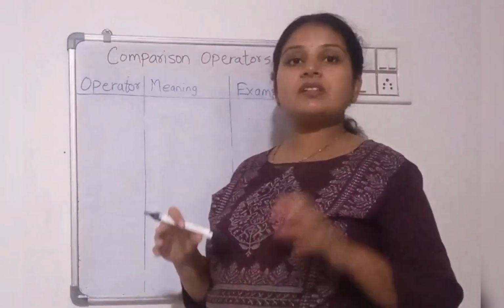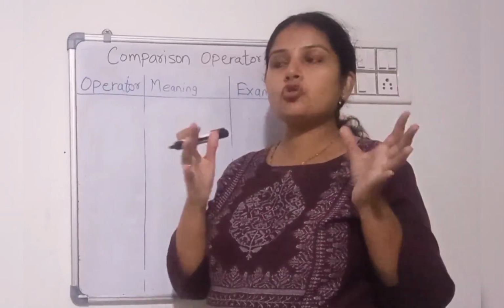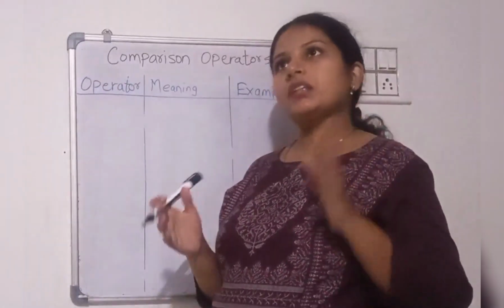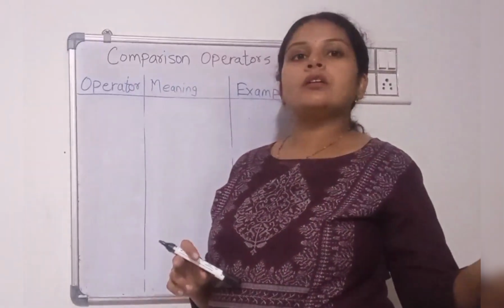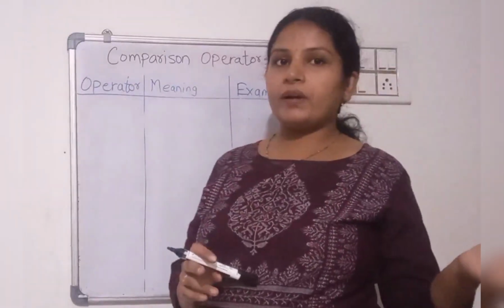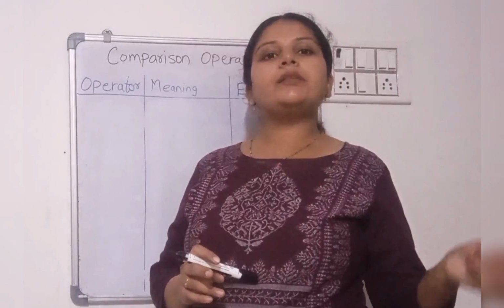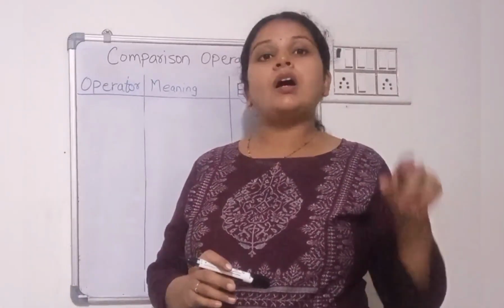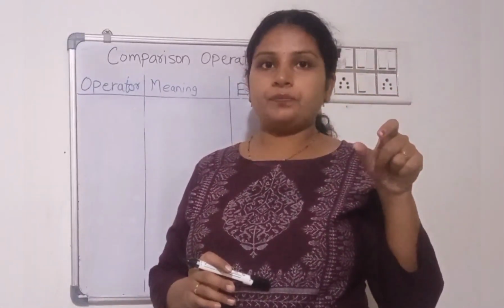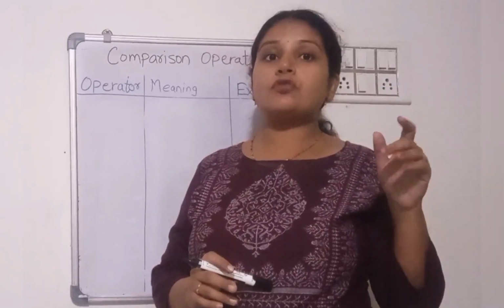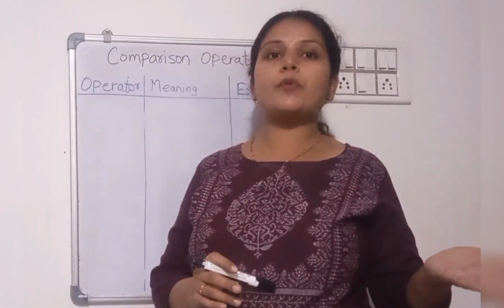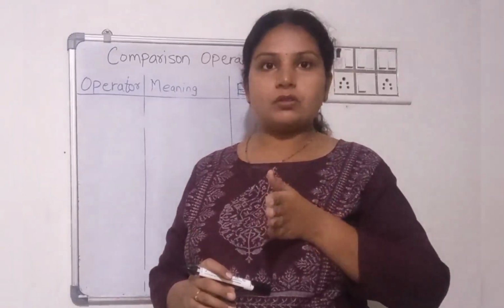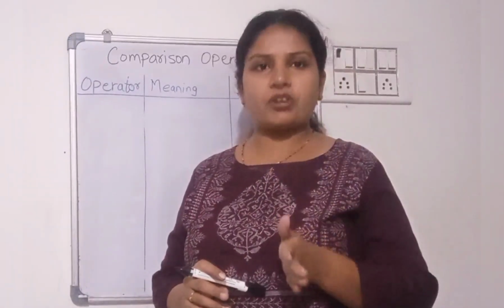As the name suggests, comparison, we are comparing two values with each other. Now the difference between these comparison operators and your arithmetic and assignment operators is that in arithmetic and assignment operators, you are getting the result or output in terms of some value, most probably in numbers or sometimes in string.